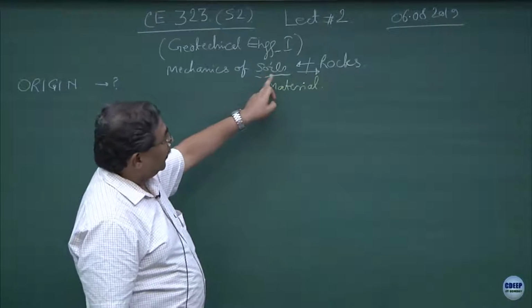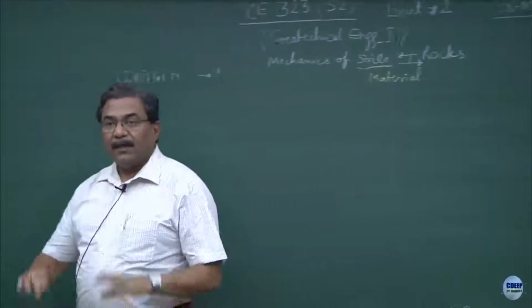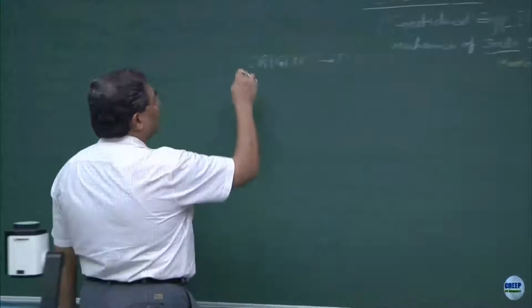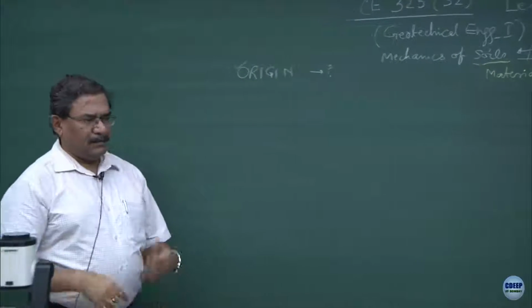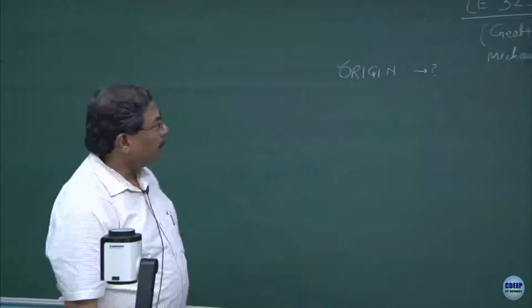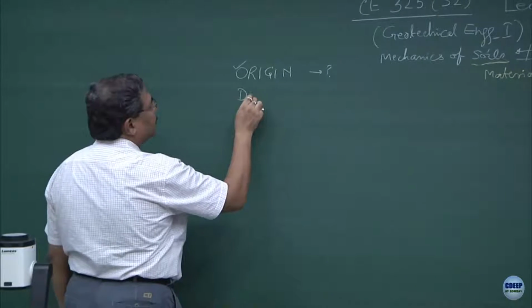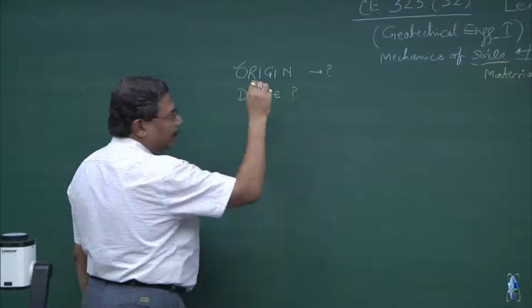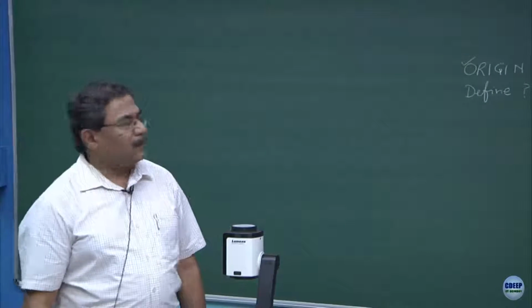Sometimes it might happen that the offsprings might also create something which looks like the parents. So, we will talk about how the origin of the soils has occurred. In the process, we will also try to define what this material is, the material soils, all right.